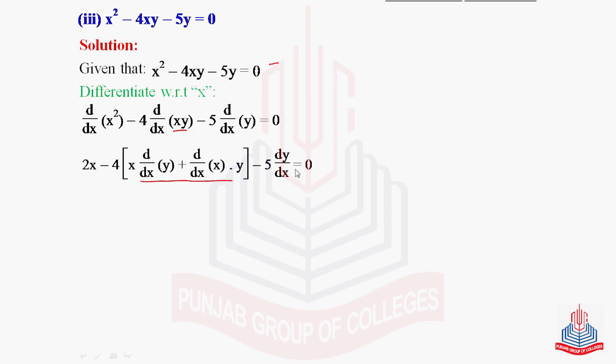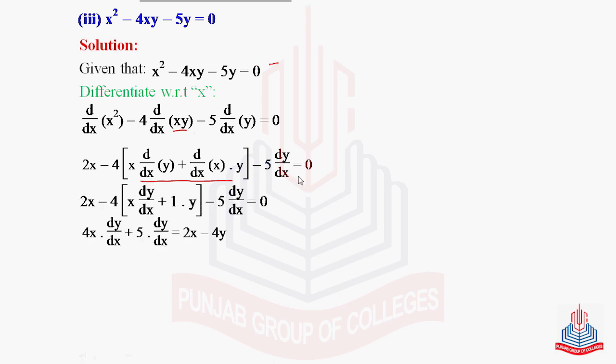So this one is actually x dy by dx plus 1 into y, and applying 4 to both sides, 4x dy by dx, and this y after multiplying by 4 will be minus 4y. This is actually 2x minus 4x dy by dx minus 4y minus 5 dy by dx is equal to 0.